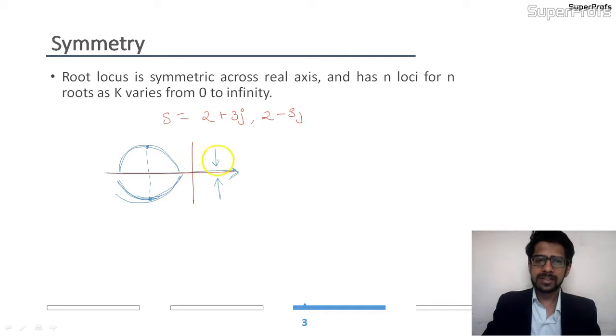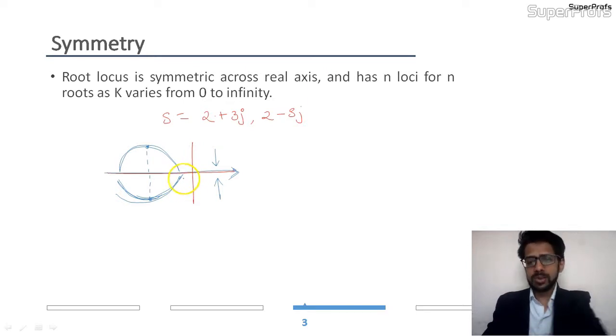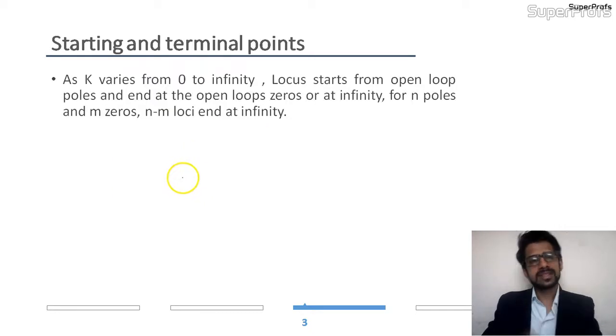So this is a very simple rule. You can study the rest of the rules, and once you are able to draw the upper half first, it is easy to draw the other half of the root locus.